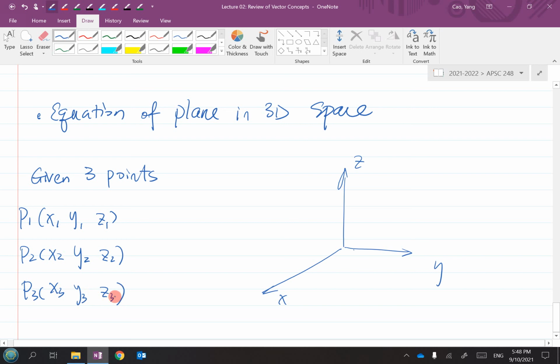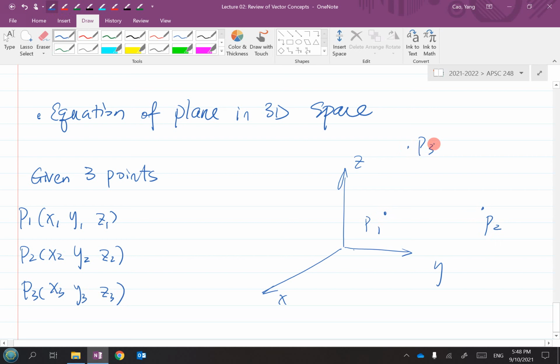So 3 points given in 3D space, and you can try to label the 3 points, right? Let's arbitrarily put P1 here, and let's put P2 over here, and let's put P3 over here.